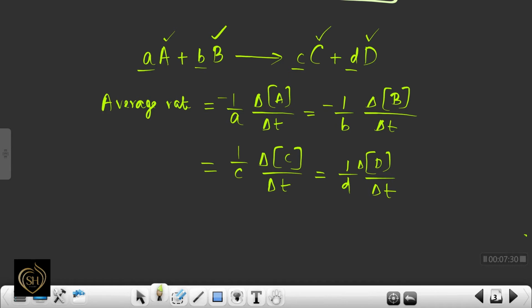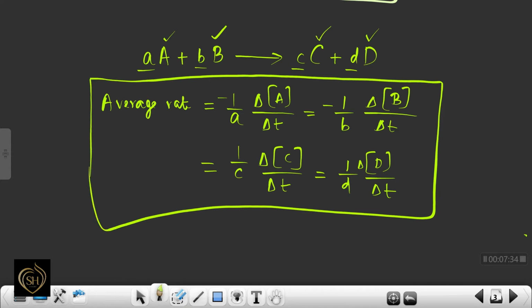This is the equation for calculating the average rate of a reaction in terms of the rate of disappearance of reactant and the rate of appearance of product.